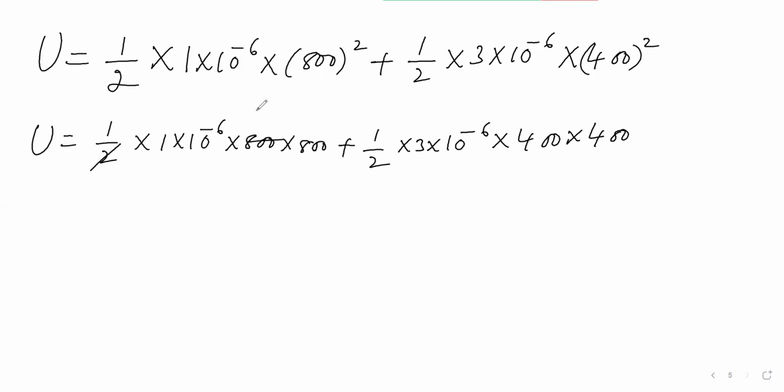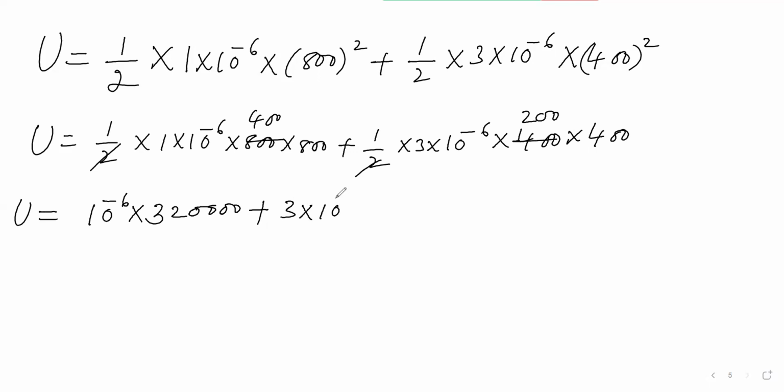Half of 800 is 400, half of 400 is 200. Now U equals 1 into 10 to the power minus 6 into 4 eights are 32, followed by 4 zeros, plus 3 into 10 to the power minus 6 into 2 fours are 8, followed by 4 zeros.